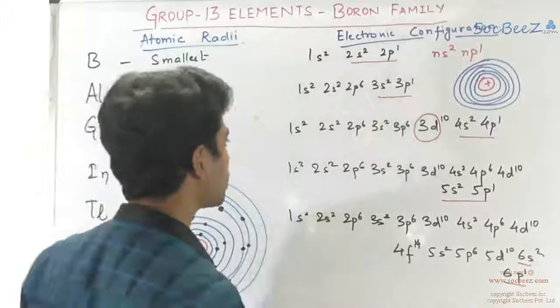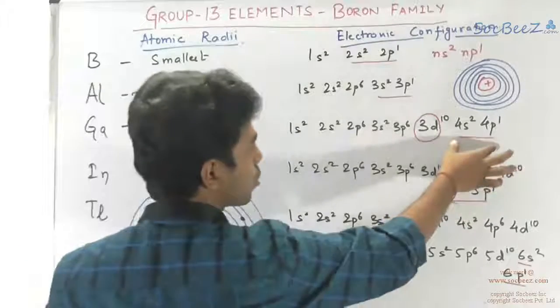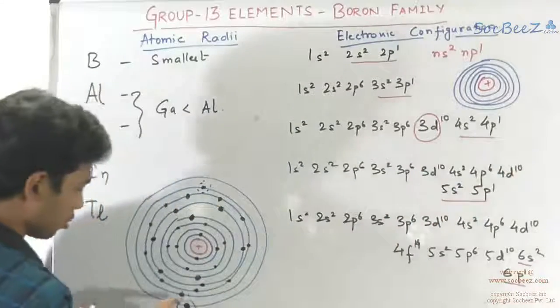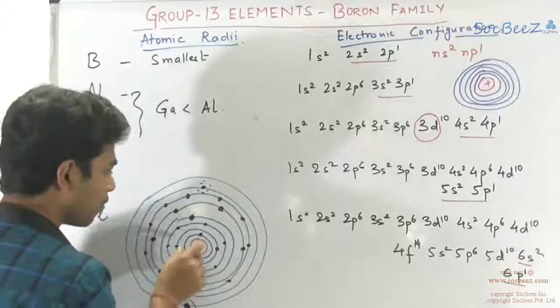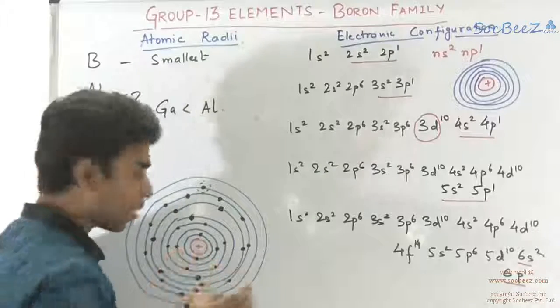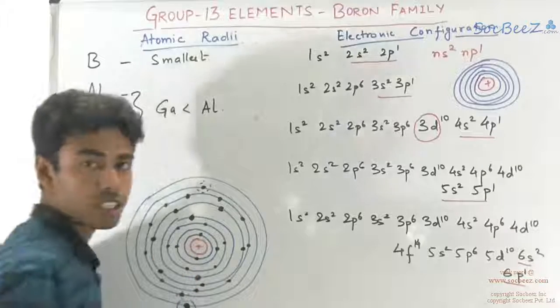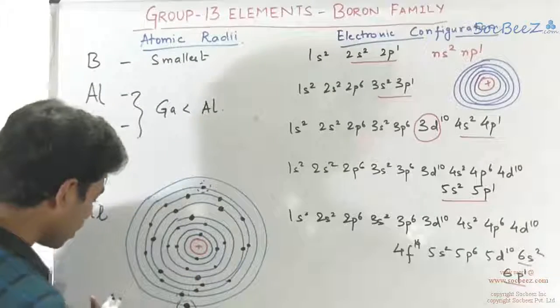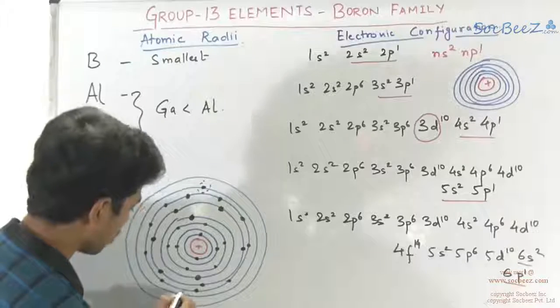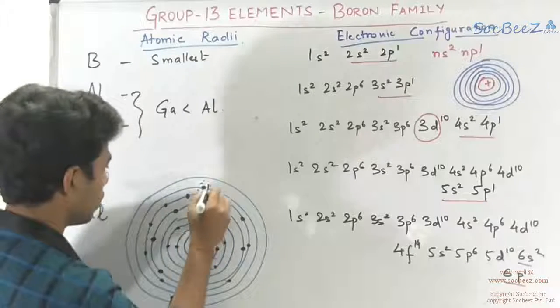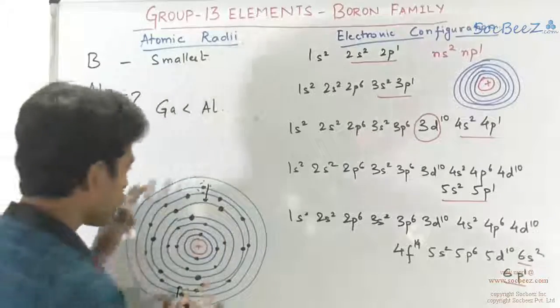Okay, so what happens is that these 4s2 4p1 electrons are affected, they get attracted by the nuclear charge present, the positive charge. And they shrink, or they move towards the nucleus.